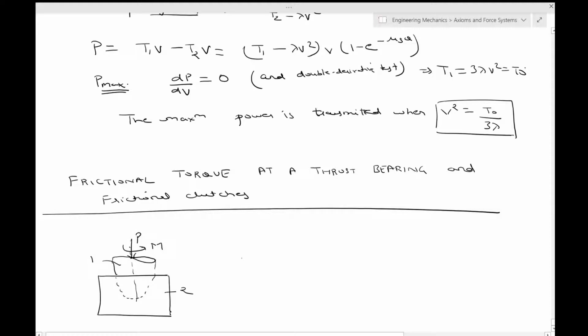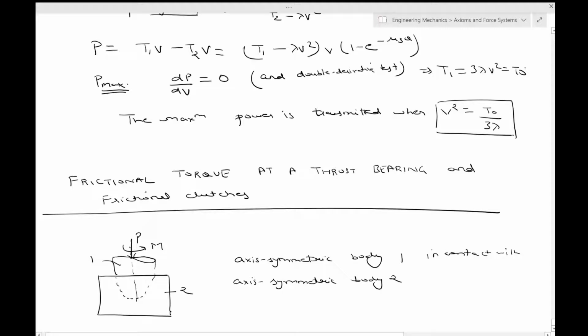So if you have an axis symmetric body one in contact with axis symmetric body 2.